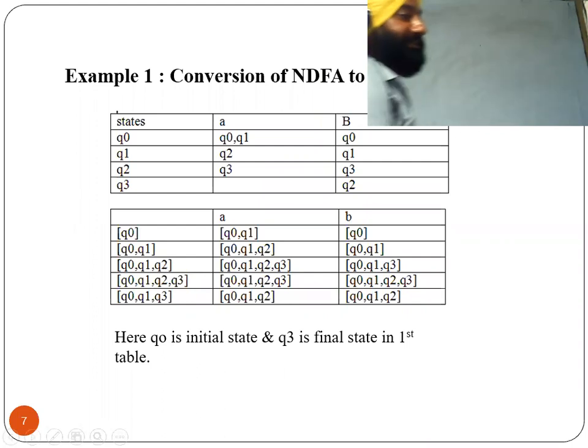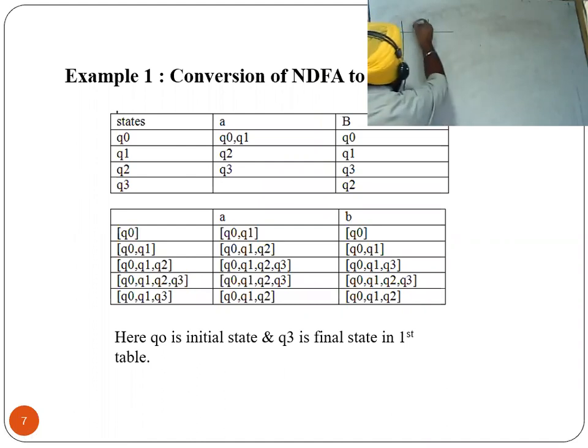So let me draw the table on the blackboard. Then we will solve it. The states are Q0, Q1, Q2, and Q3.